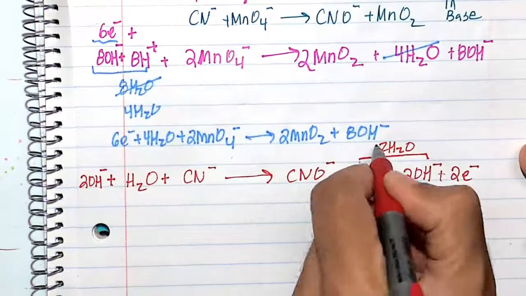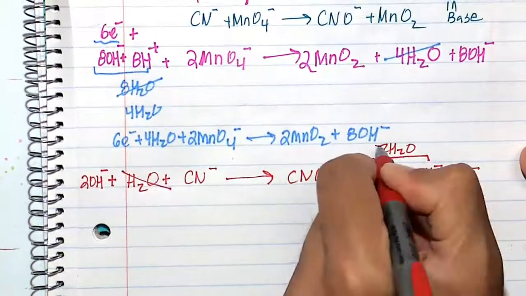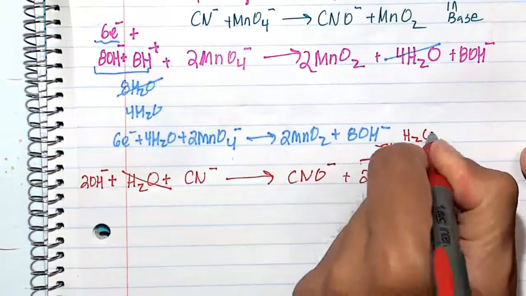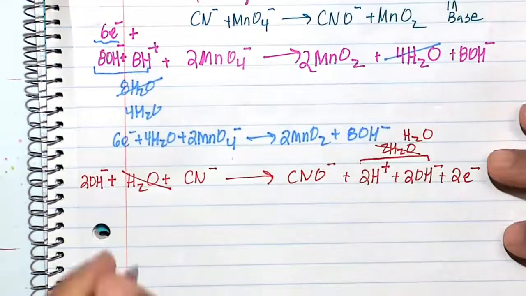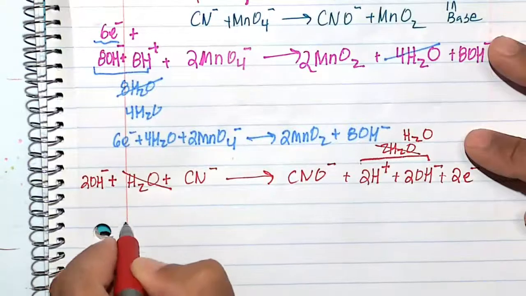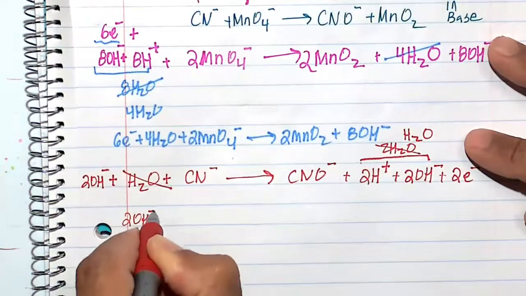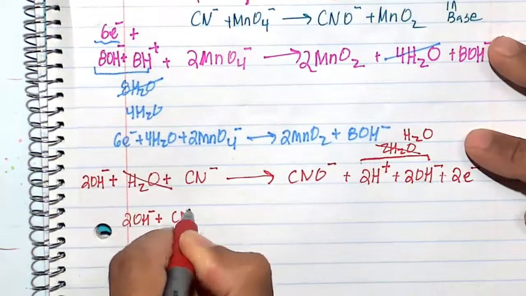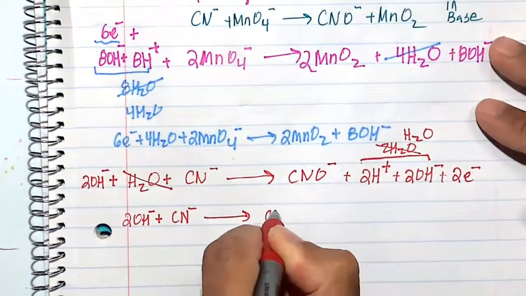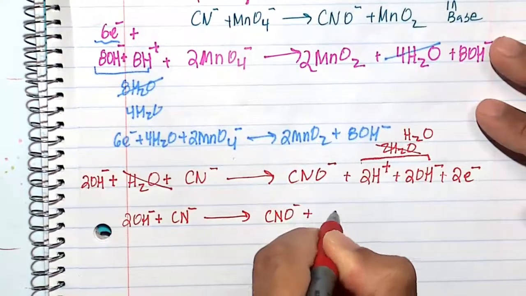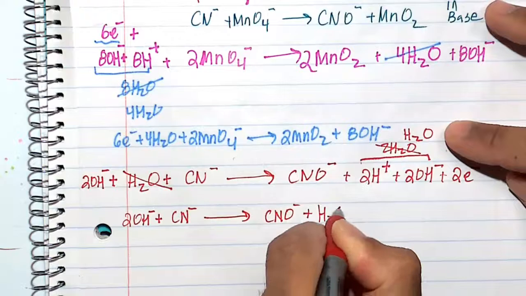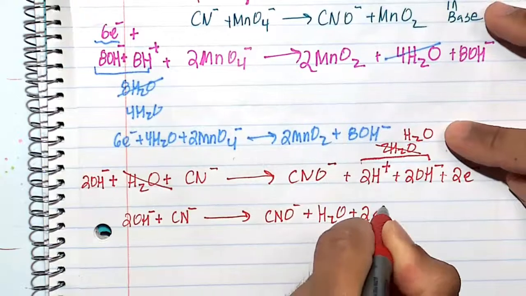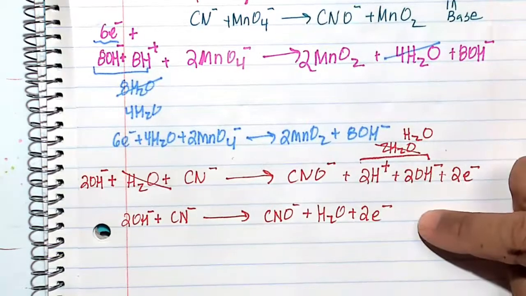One of those H2Os cancels out with this H2O, leaving one left behind on the product side. And now I have everything for this half reaction. This is 2 hydroxide plus CN minus going to CNO minus plus water plus 2 e minus. This is an oxidation half reaction because we lost 2 electrons.